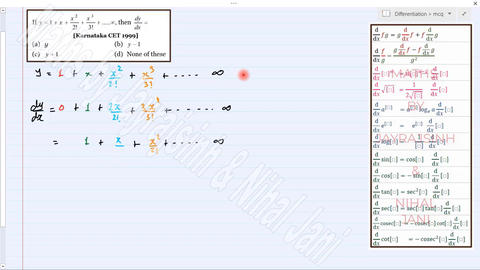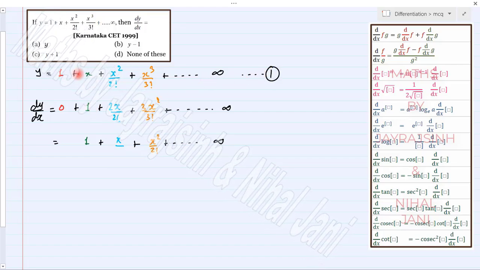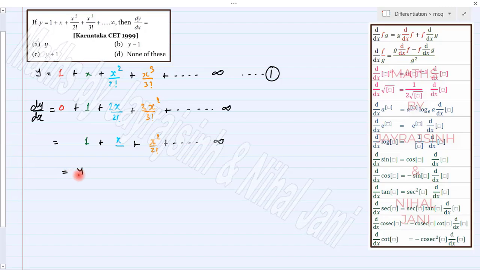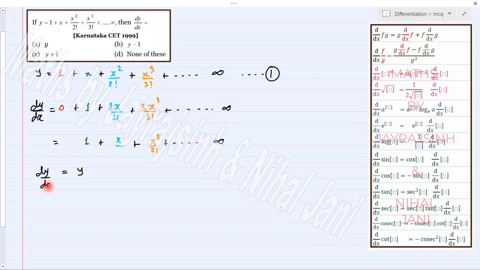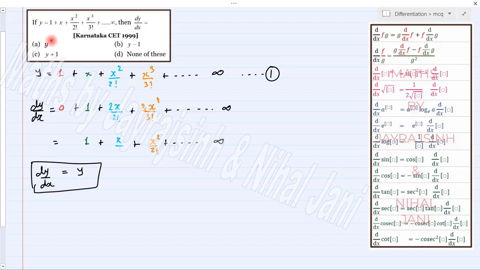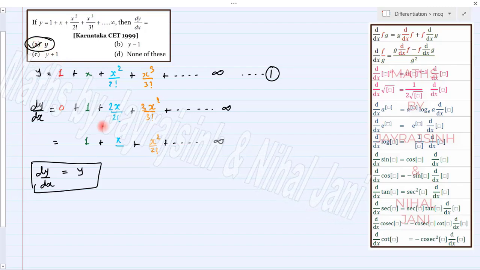As you can see, this series is originally equal to y. So we can say your dy by dx is nothing but y, which is given in option A. Ta-da!